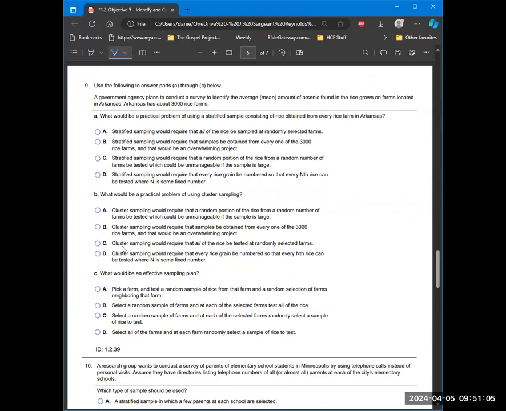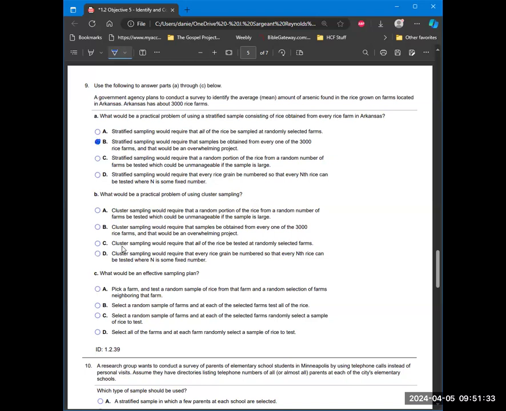So what would be a practical problem of using stratified sampling consisting of rice obtained from every rice farm in Arkansas? The problem would be that stratified sampling would require the sample to be obtained from every one of the 3,000 rice farms, and that would be an overwhelming project.